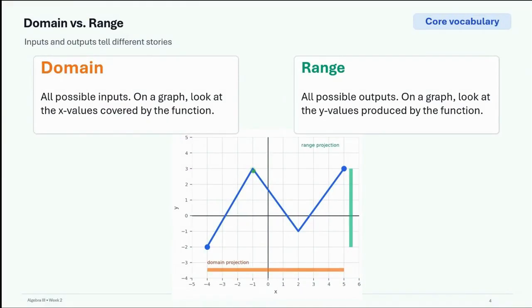If we had the equation, you could substitute in -1 and get 3. But we can see on the graph that when x is 2, y is -1. That's the output. So all the y's start way down here, and the largest y is up here. And we have that twice. We have it over here, and we have it over here. But that is the largest value of the output for our range.